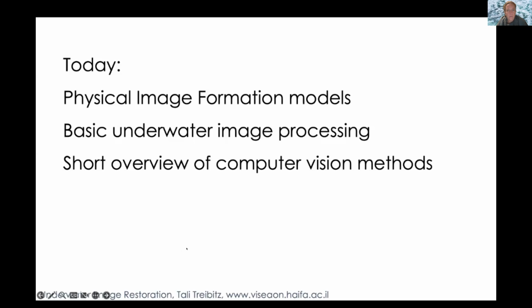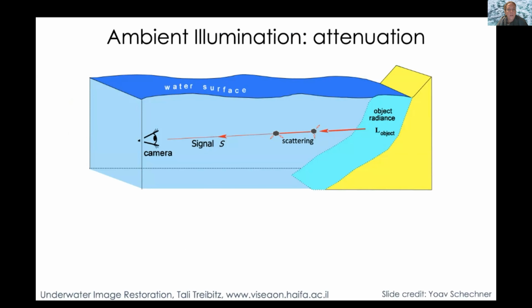Let's start with the physical image formation models. So what happens when a camera is looking underwater on an object? So if we look at the camera, and let's say this is an object, and this is a line of sight of 1 pixel from the object to the camera. So one object point is imaged into 1 pixel.